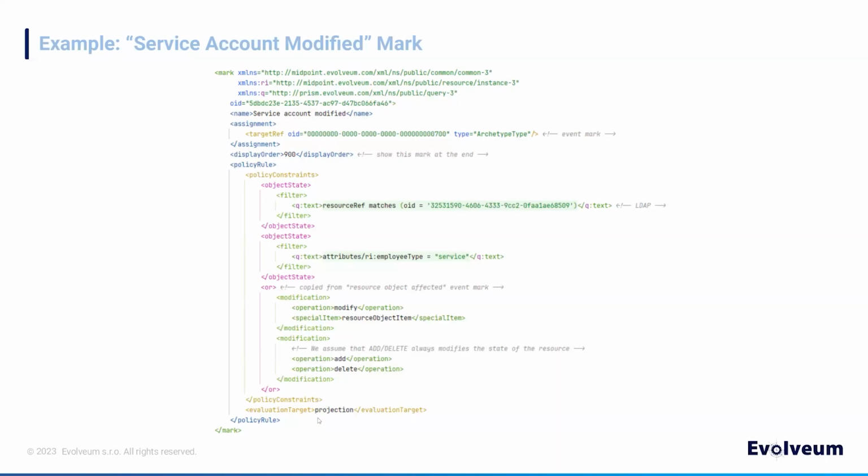Here, the evaluation target of projection tells midPoint to evaluate this not on focus objects, but on shadows. And the display order here causes this mark to be displayed at the end to distinguish it from the standard event marks.